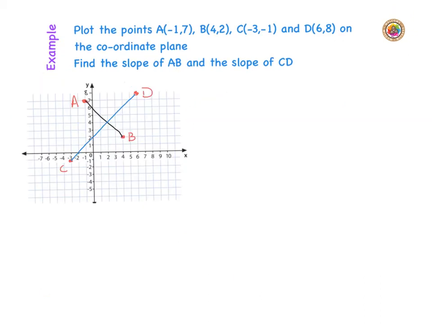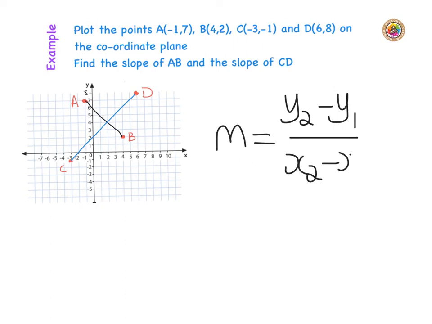And to find the slope of CD, this time we're going to do it using the formula. So the formula tells us that m is equal to y2 minus y1 over x2 minus x1. So first of all, I rewrite the points.